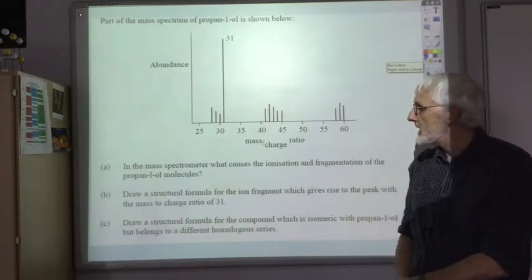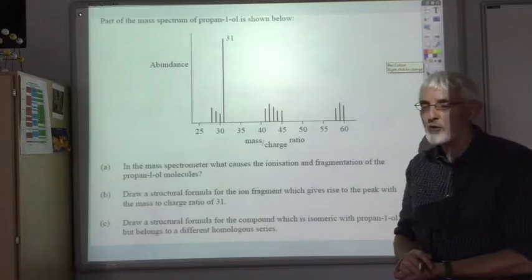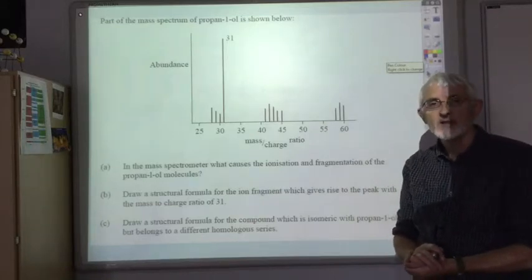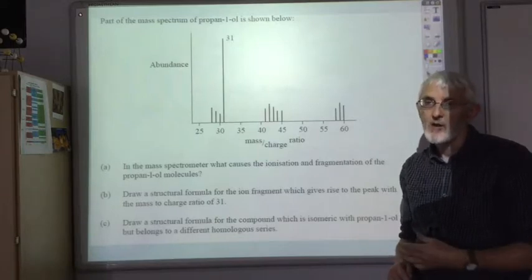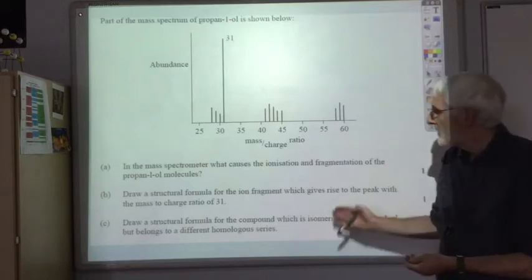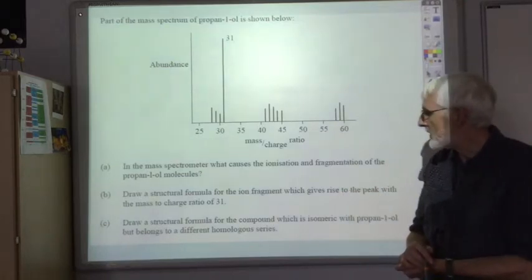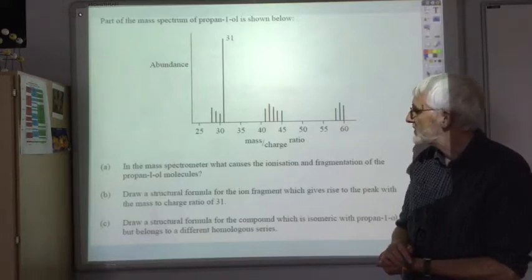So question A, in the mass spectrometer, what causes the ionization and fragmentation of the propan-1-ol molecules? An acceptable answer to that would be the electron gun or the high energy electrons. B, draw a structural formula for the ion fragment which gives rise to the peak with the mass to charge ratio of 31.